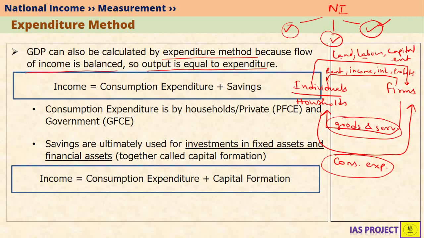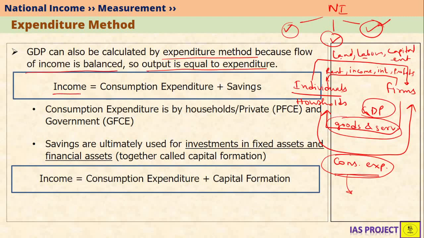Therefore, if we have calculated the value of goods and services and called it GDP, this GDP will also be equal to the amount of consumption expenditure. So we can derive GDP using goods and services value or from consumption expenditure. If we derive GDP from consumption expenditure, it is called expenditure method.